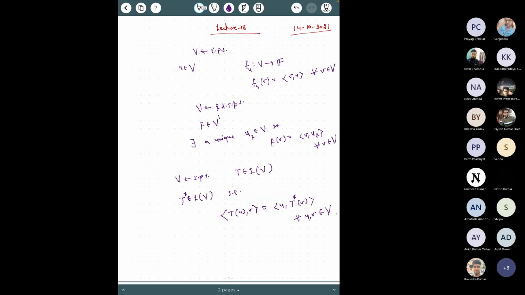Then I mentioned that existence in an infinite dimensional inner product space need not be true. That means if we have an infinite dimensional inner product space and a linear operator on it, that operator need not have an adjoint on V. One can find an example also.